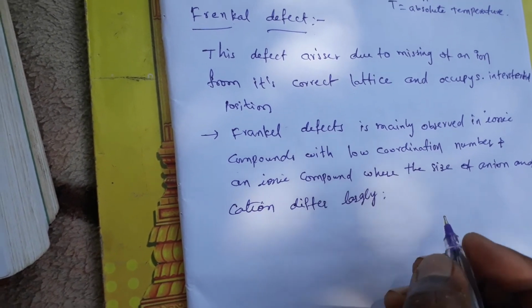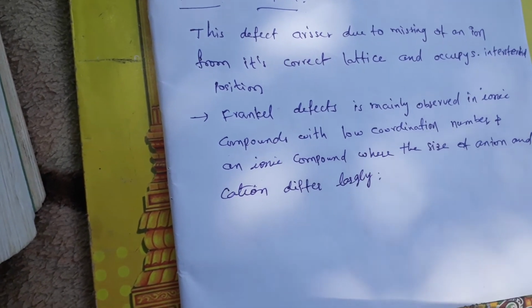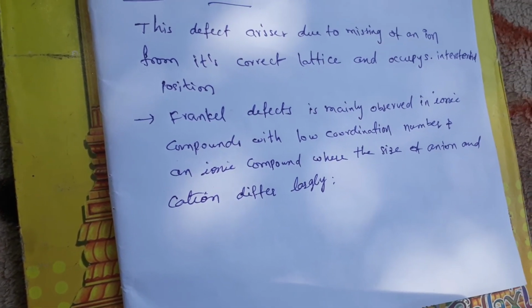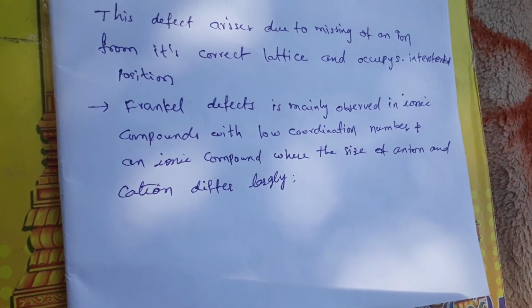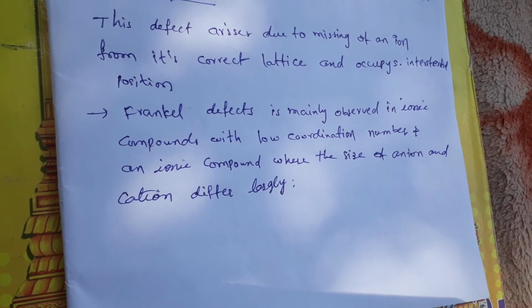What does that mean? When the cation and anion sizes differ largely, we find this type of defect. Those defects we call Frenkel defects.